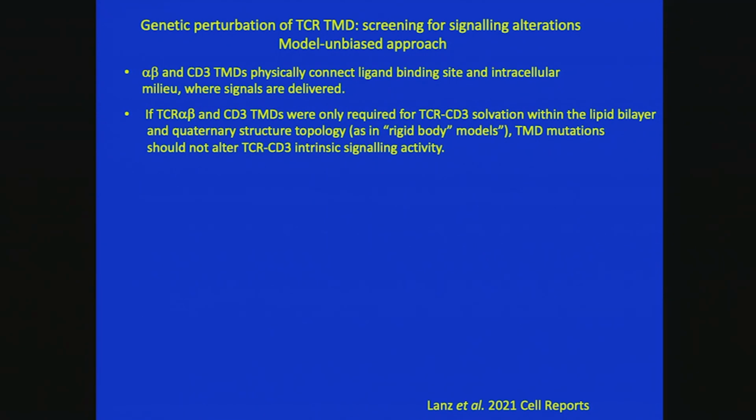Then if I do mutations there, it was a bet. Probably not the best type of experiment, but that's the best we could think of at that time. So if you do mutations there and we don't see changes in the intrinsic capacity of the receptor to signal, okay? We haven't done anything.